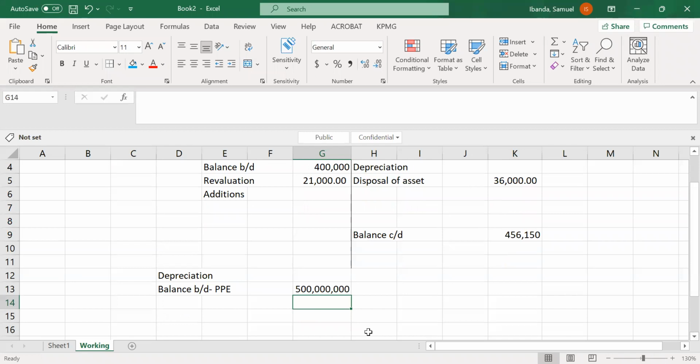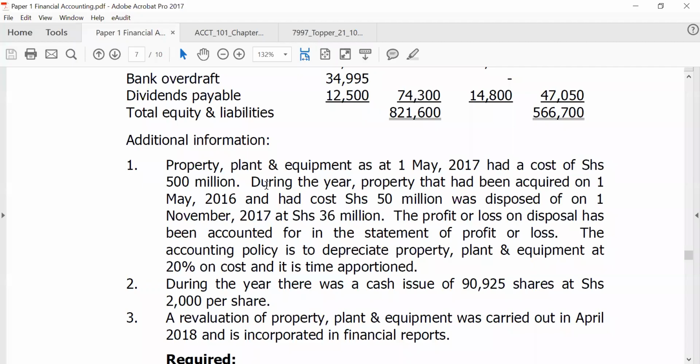Now we also have, they are telling us that they disposed of an asset here, which had a cost of 50 million. And this was disposed of on 1st November 2017. So what we have to do is find how many months were remaining before the end from 1st November 2017.